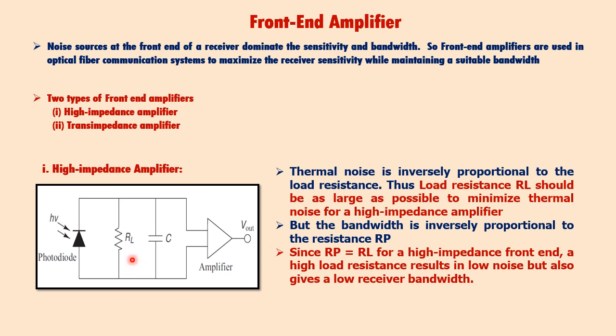The bandwidth is inversely proportional to the resistance Rp, where Rp is the resistance of the photodiode. If Rp is equal to RL for a high impedance front end, then high load resistance results in low noise, but at the same time gives a low receiver bandwidth. So these are the advantages and disadvantages of the high impedance amplifier.